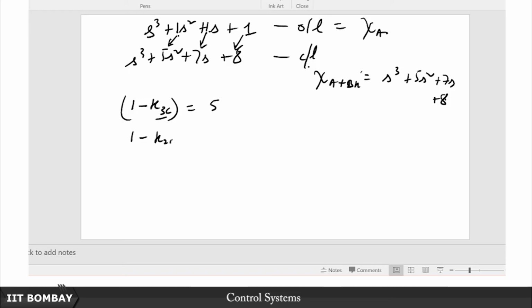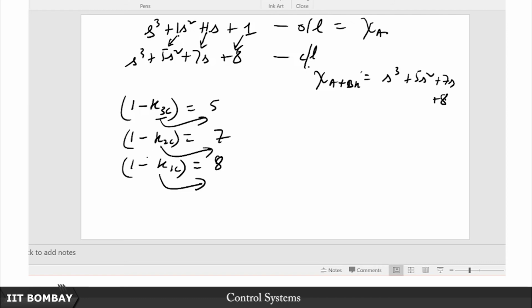So 1 minus k_2 c needs to be equal to 7 and 1 minus k_1 c needs to be 8. So from each of these I can independently, this is not even a system of simultaneous equations, evaluate k_1, k_2 and k_3, and that way I have evaluated the gains, and I am done, right.